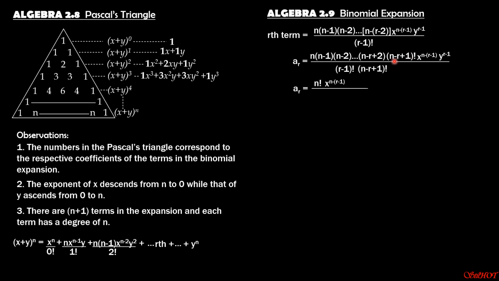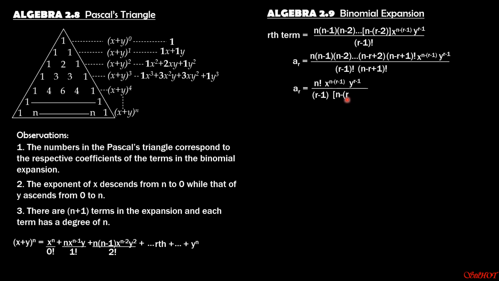And we write this as n minus quantity r minus 1 factorial. So n factorial over, so x raised to n minus quantity r minus 1, y to the r minus 1 over r minus 1 factorial. And we write this as n minus quantity r minus 1 factorial.